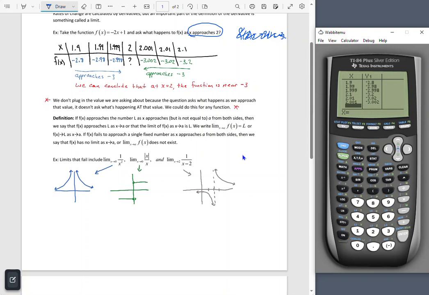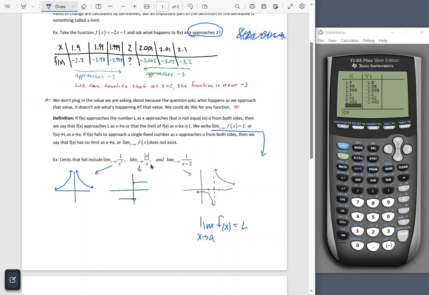This notation, when I write it by hand, I'll frequently write it with the limiting value down below. The limit as x approaches a of f of x equals L. Same thing, all right? Usually we'll write it stacked, but when it's in typing, I prefer this way.